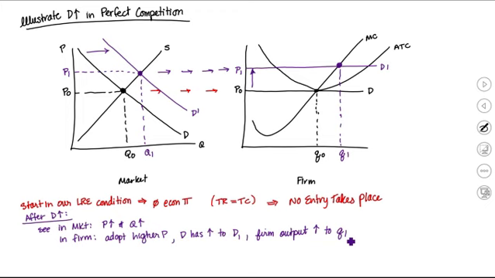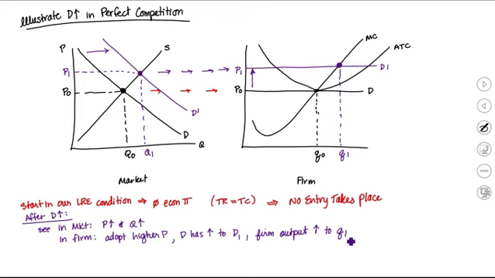Now, let's reflect on this for just a second because this should make sense. Look at the market. The market is producing more, right? We were producing Q0 at the market level, and now we're producing Q1. Who's going to do that production? The existing firms, right? In the short run, are new firms entering? Are new firms entering right now? No. So in the short run, new firms are not entering.